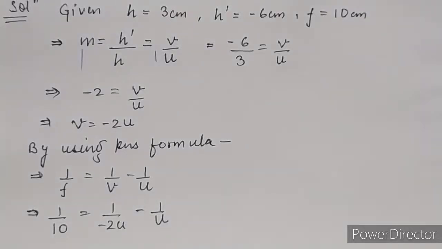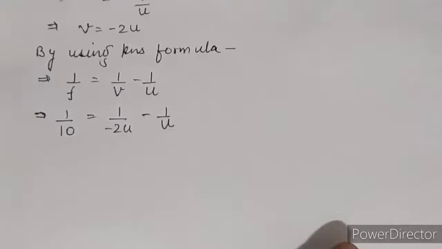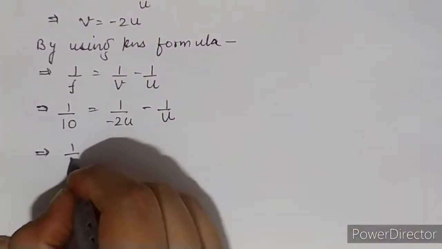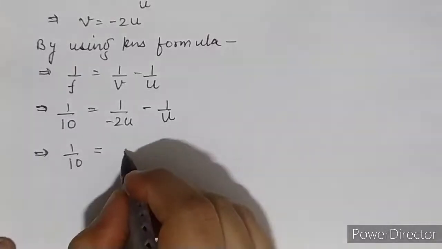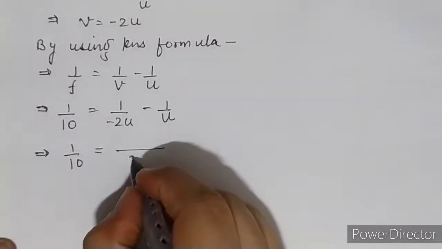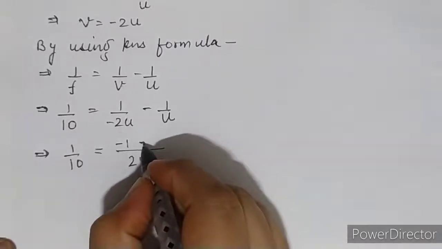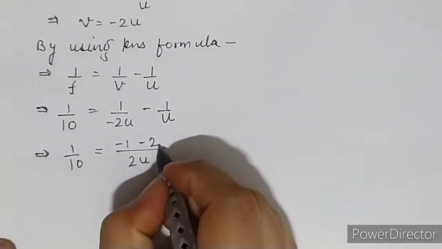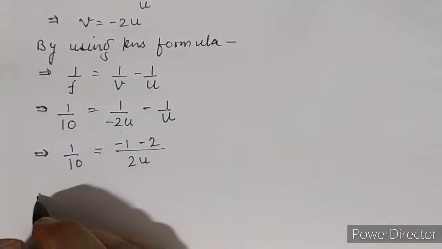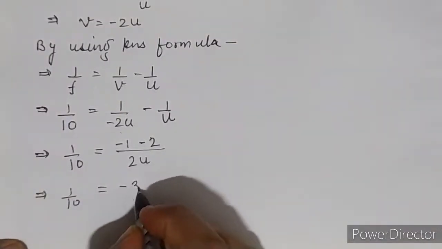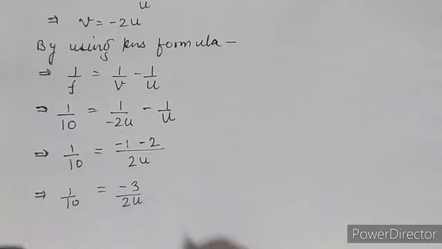Now what we have to do, we have to take the LCM here. So 1 upon 10 is equal to, LCM is 2u, so minus 1 minus 2, it will become 1 upon 10 is equal to minus 3 upon 2u.